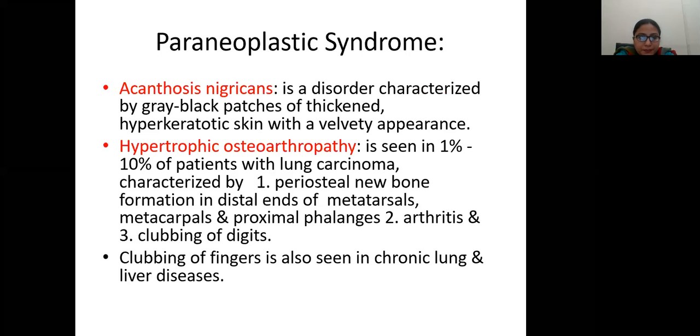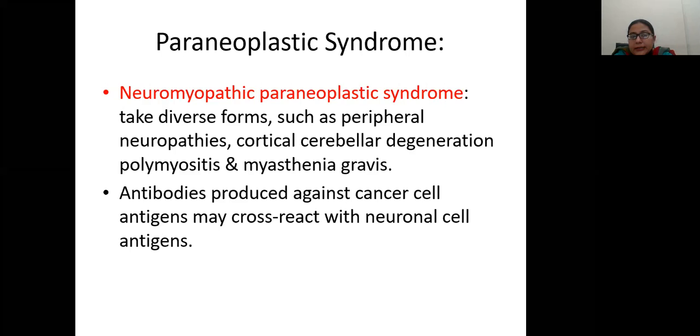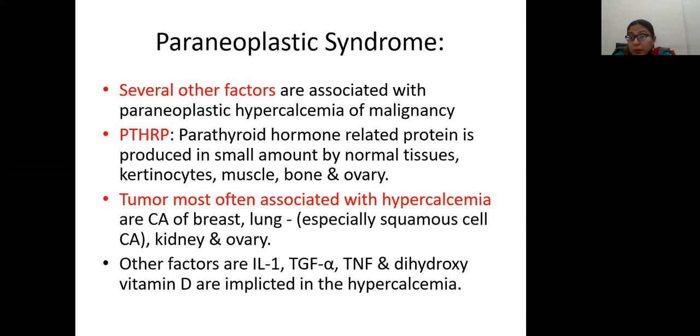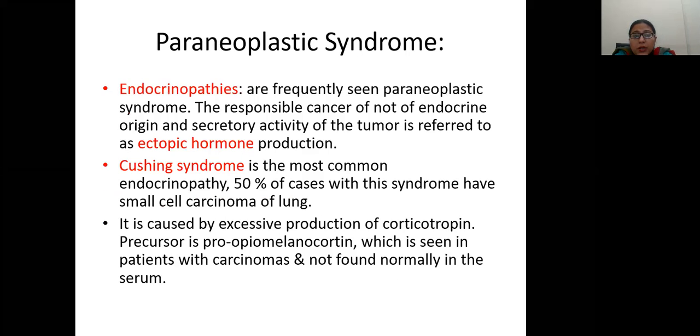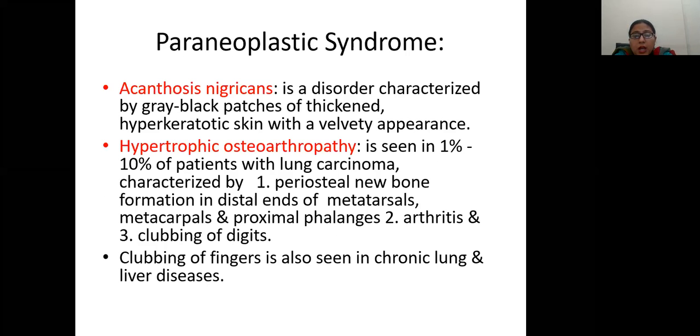Now acanthosis nigricans. All these are examples of paraneoplastic syndrome: Cushing syndrome, hypercalcemia, neuromyopathic paraneoplastic syndrome, and parathyroid-related protein. Acanthosis nigricans is basically a disorder characterized by gray-black patches of thickened hyperkeratotic skin with a velvety appearance.